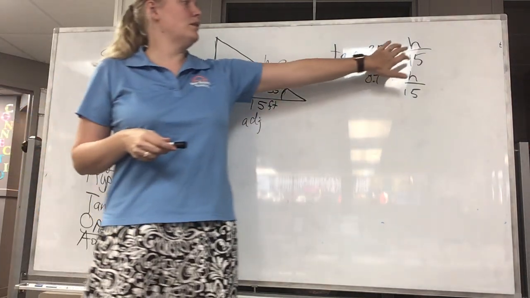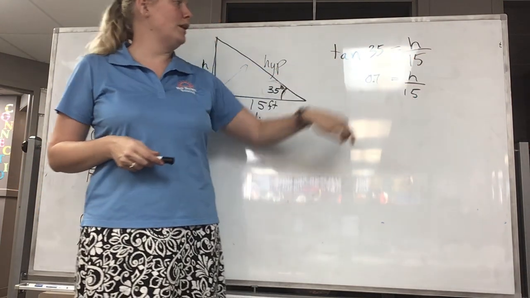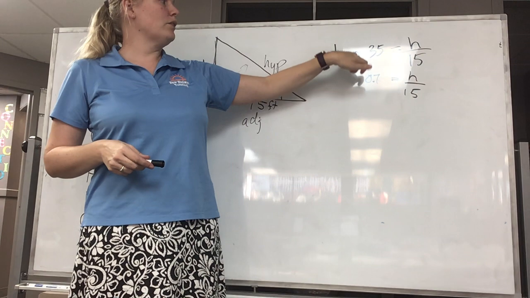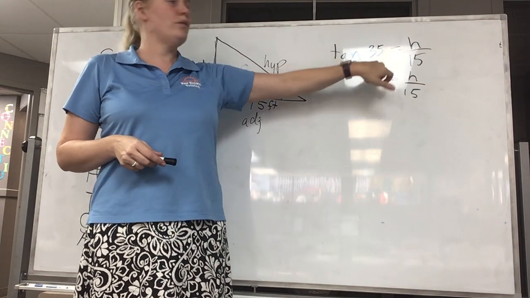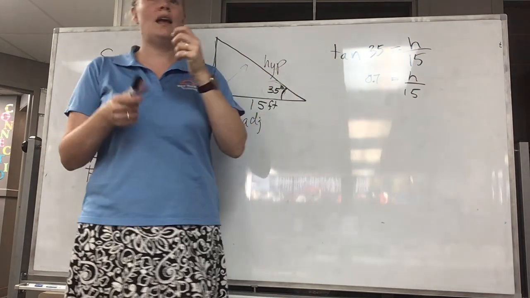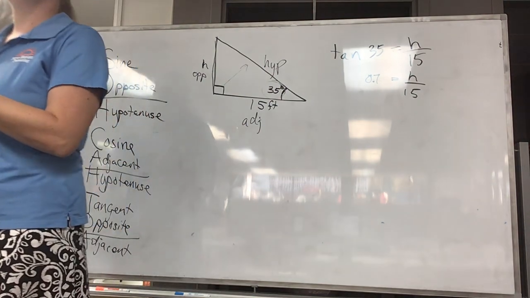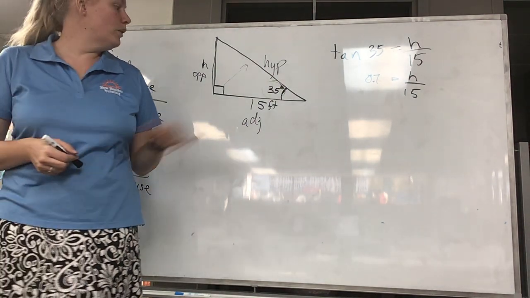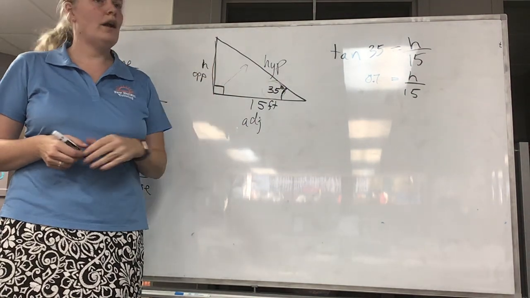Multiply by 15. This is h divided by 15, so we multiply by 15. When you type it in the calculator, just do the tangent of 35, get that number, and then just say times 15. And it will give you your height.